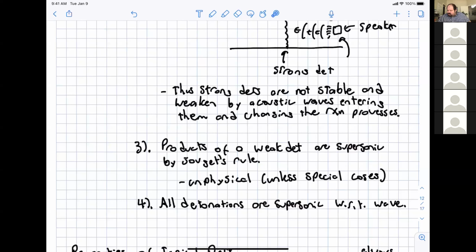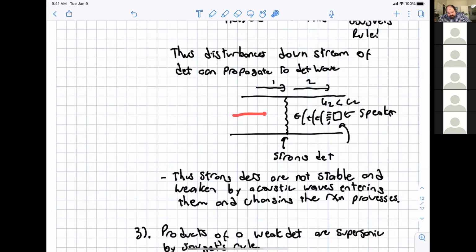Okay, and then you can also prove, I'm not going to prove it, that all detonations are supersonic with respect to the wave. So the flow going into a detonation is always supersonic. That means if I were to let this detonation move forward, it would travel at a supersonic velocity.